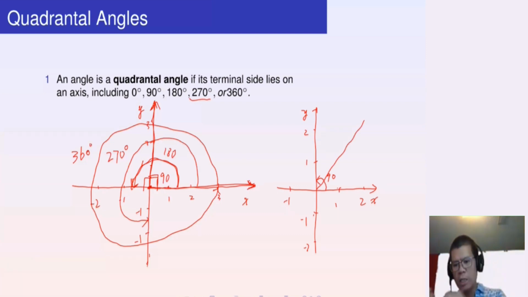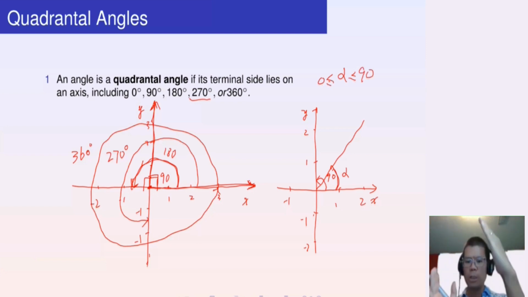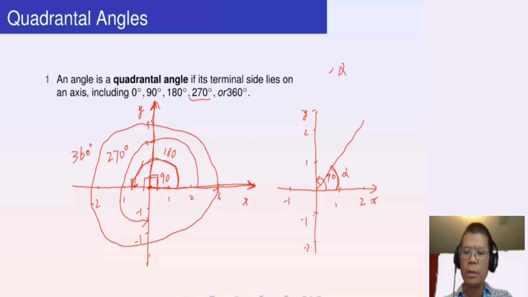It's going to be between 0 and 90, right? This angle is going to be alpha. So alpha is greater or equal than 0, less or equal than 90. Yes? So in the first quadrant, this is going to be in between 0 and 90. Or you can say alpha is greater than 0, less than 90. Yes? That's someone ending up at the first quadrant.